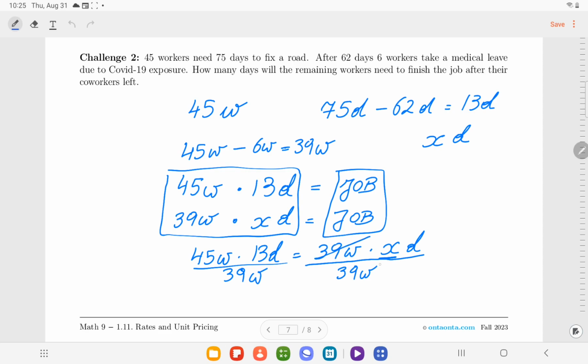The workers cancel out, and the number of days is 15, which makes sense because it takes longer than 13 days since we have fewer workers to finish the same job. You also have another challenge, so good luck and keep practicing.